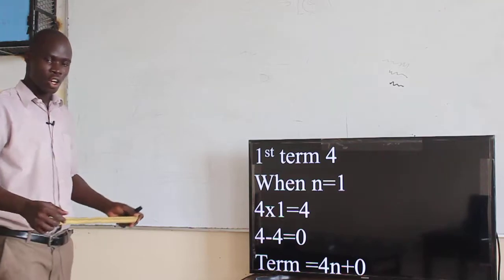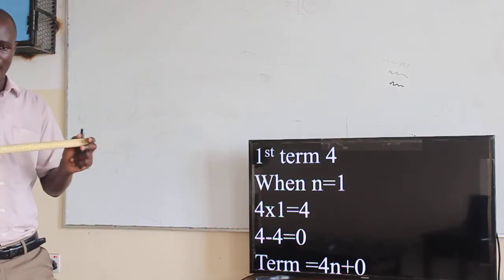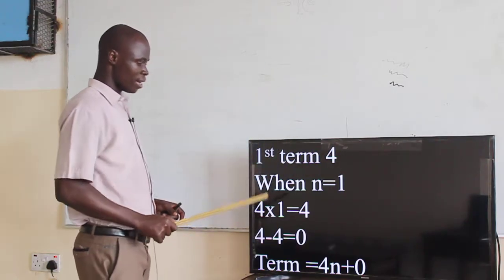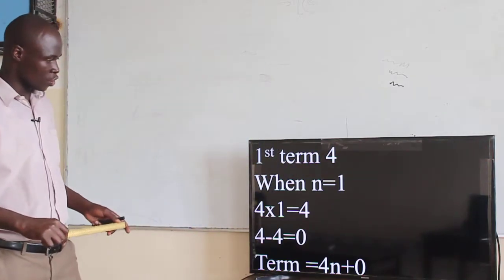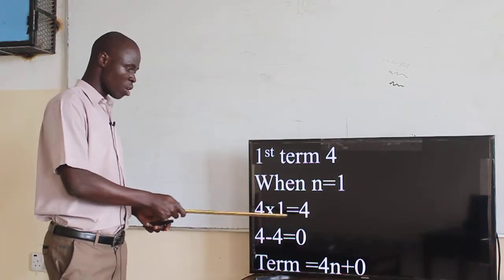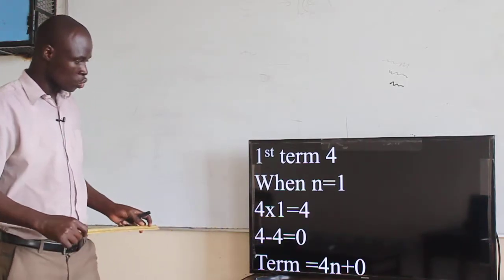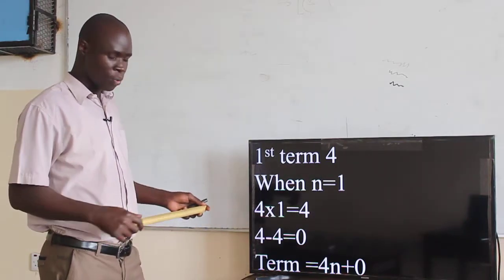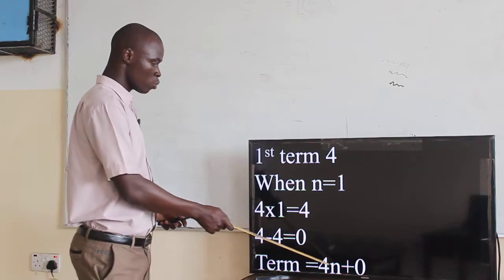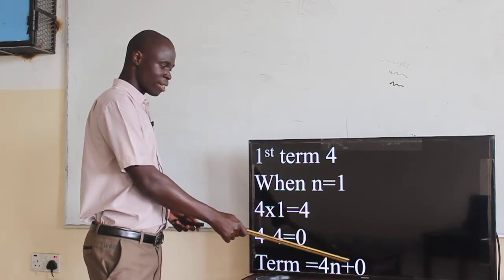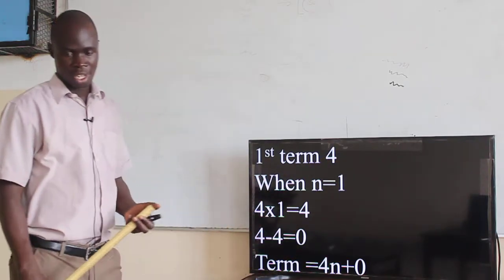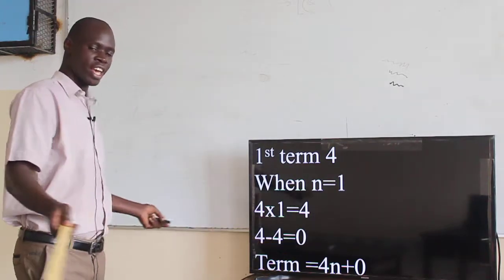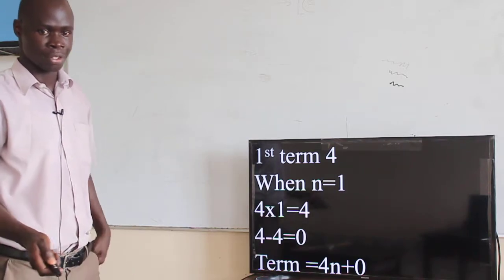Now for us to find out whether we add or subtract, we take the first term minus the value when n is 1. In other words, we take 4 minus 4 equals 0. So in coming up with the term rule, we are supposed to put 4n plus 0 or minus 0. Since it's 0, even if you leave it with just 4n, it's okay.